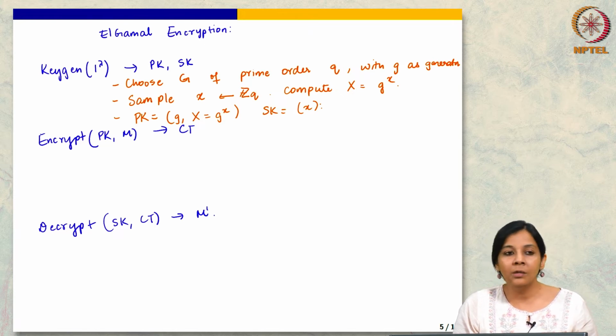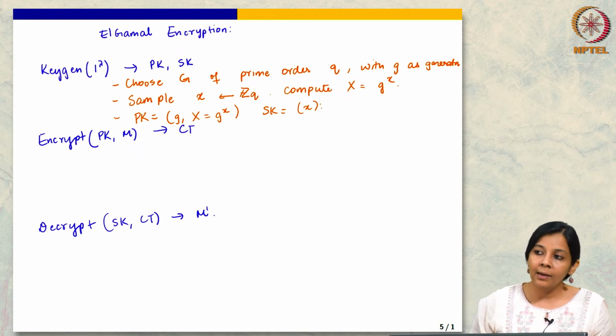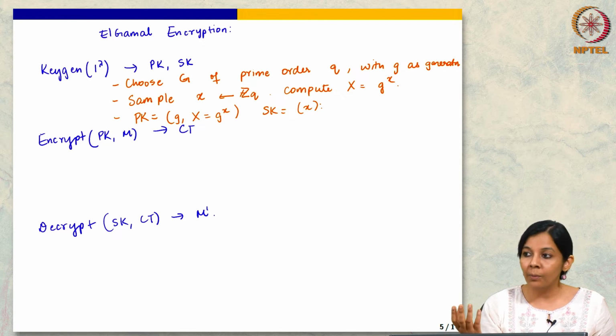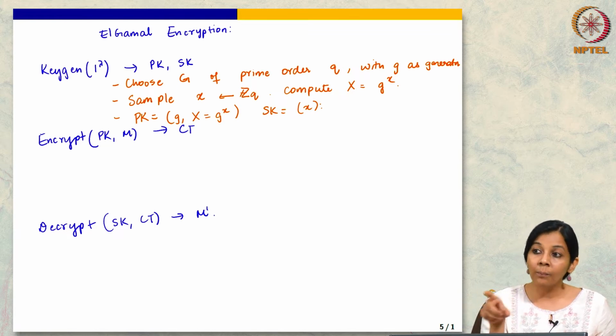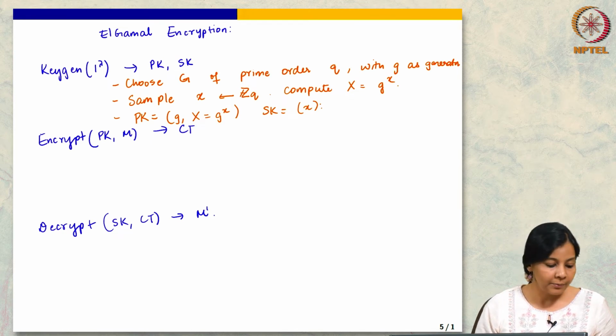So the logical thing to do is, whatever problem I am relying on, I would want to keep secret whatever is hard to compute, and I will make public whatever the secret is hard to compute from, right. So g to the x does not easily give me x by the discrete log problem. So this is how we sampled it.